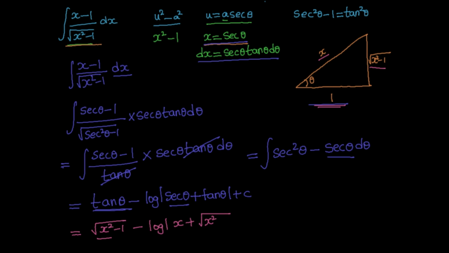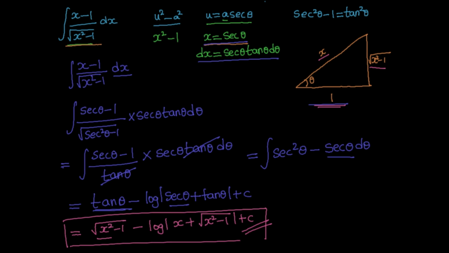This will be equal to root of x square minus 1 plus c. This is the final expression of integral of x minus 1 by root over x square minus 1 dx.